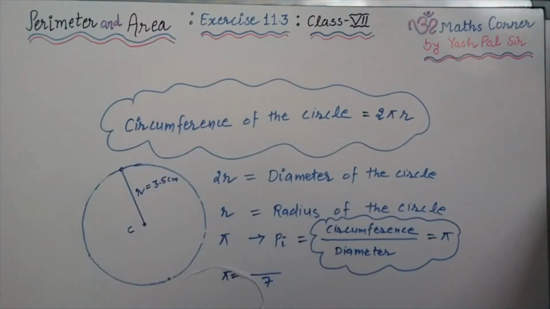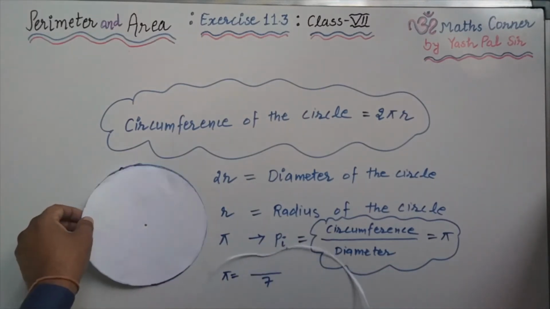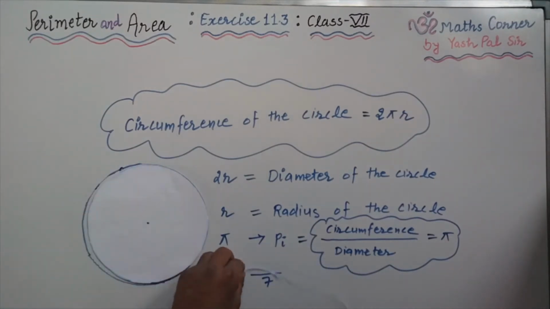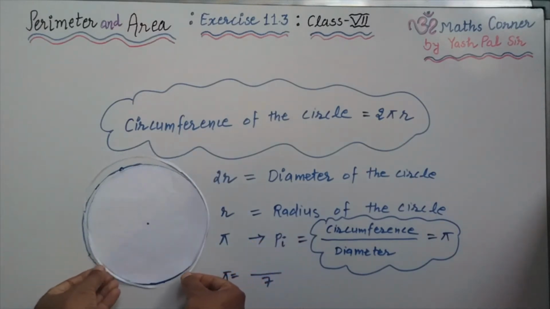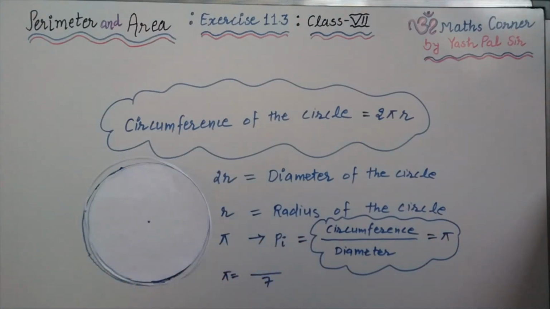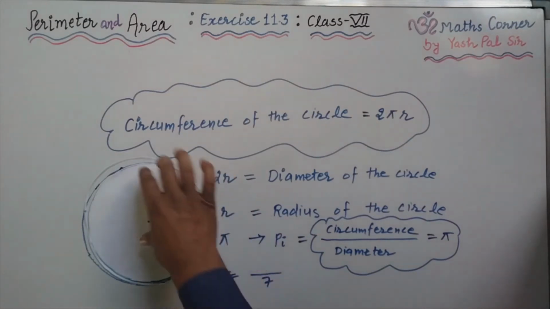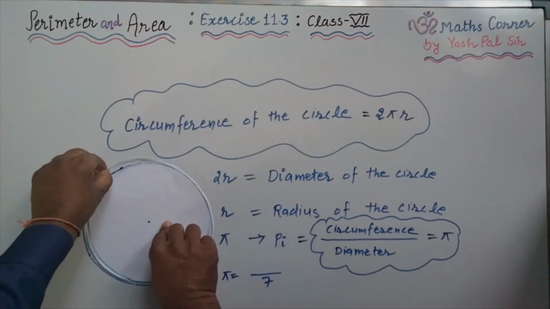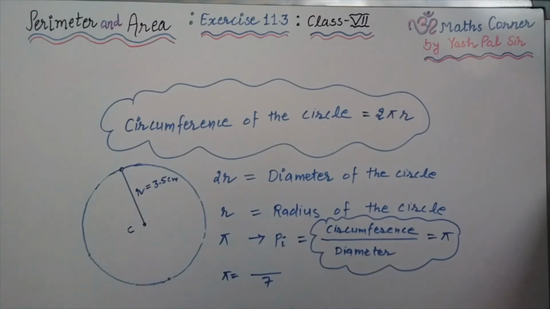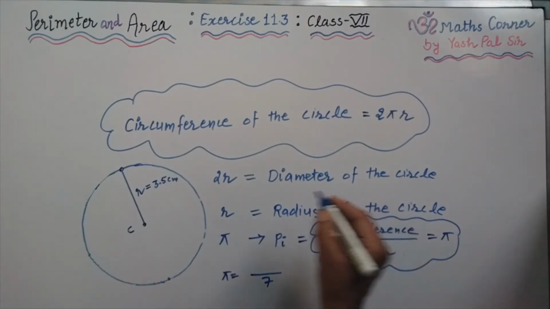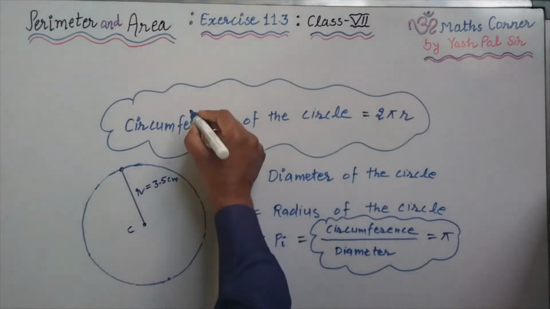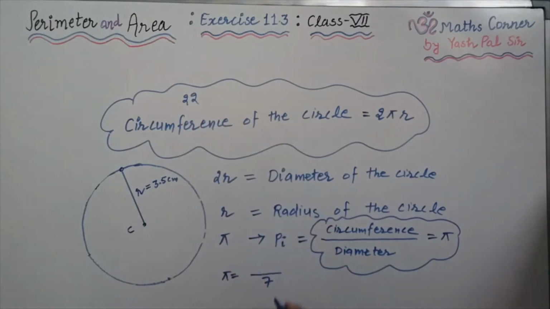So what we have seen, the length of the outside boundary of this circle is named as circumference. The length of this outside boundary was 22. Perimeter of the circle, this was 22. So pi is equal to 22 divided by 7.